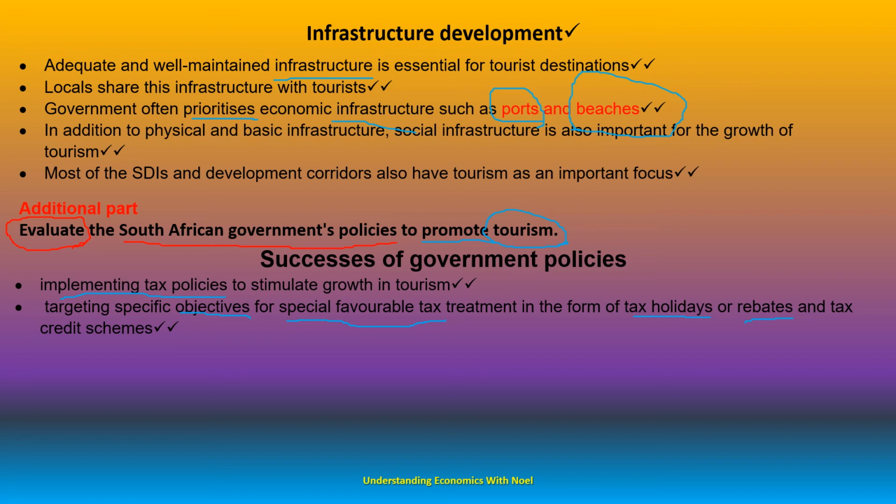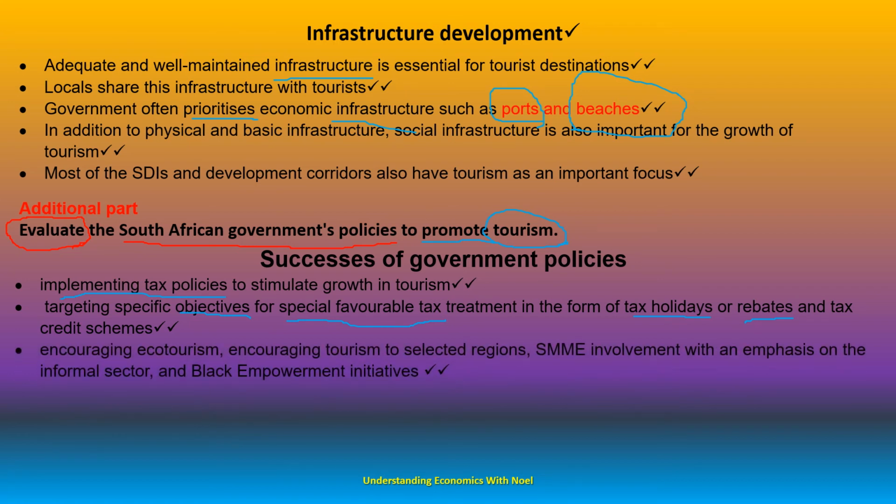By reducing the tax, they actually know that you will visit. Also, by ensuring that our exchange rate is stable, it is important for the tourists to come. Encouraging ecotourism. Let's take them to our nature. Let's show them how beautiful South Africa is.